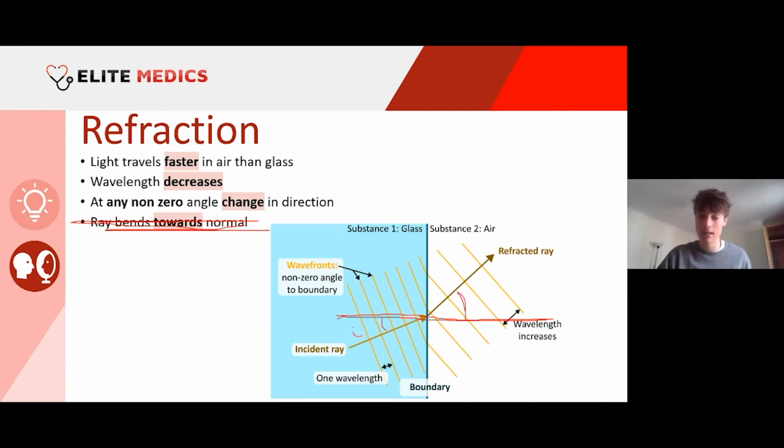So we have I here, the angle of incidence, and R, the refracted angle. If we go into a quicker medium, a medium where light goes quicker, then the angle will increase. So if speed increases, the angle will increase. If speed decreases, the angle will decrease.